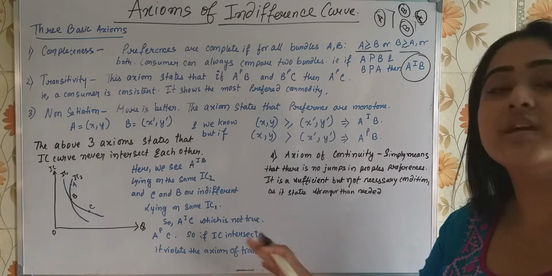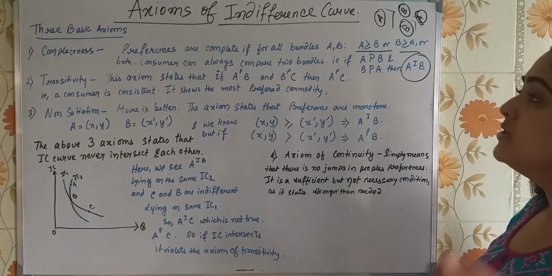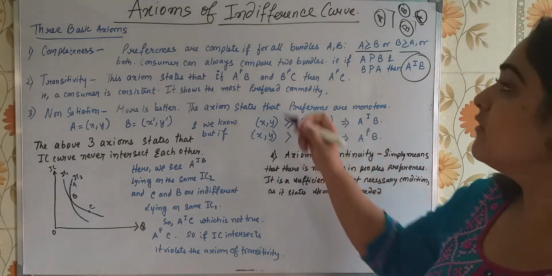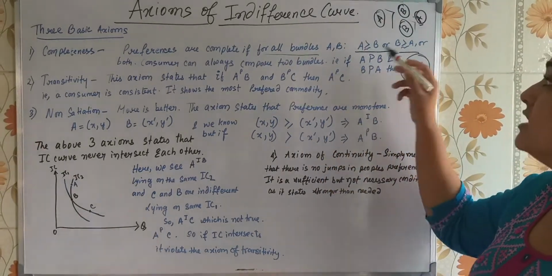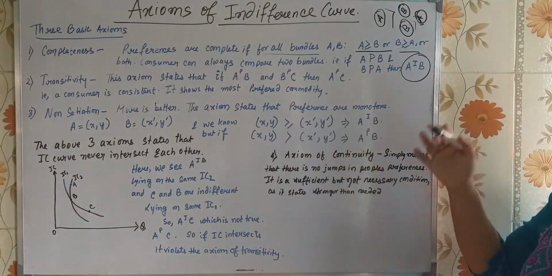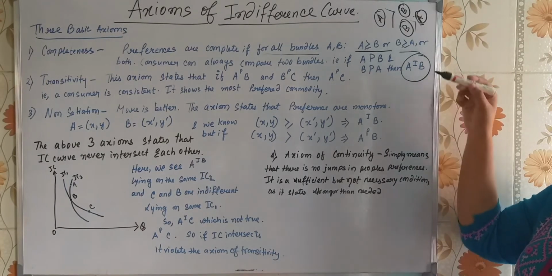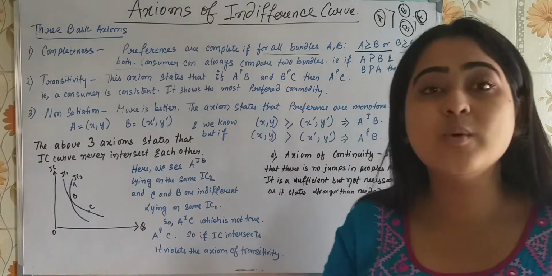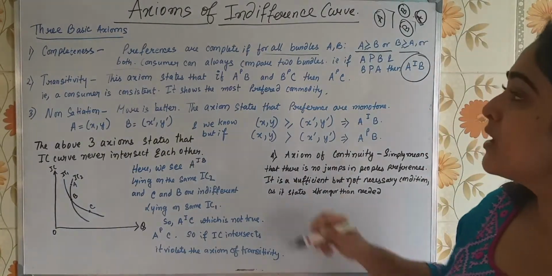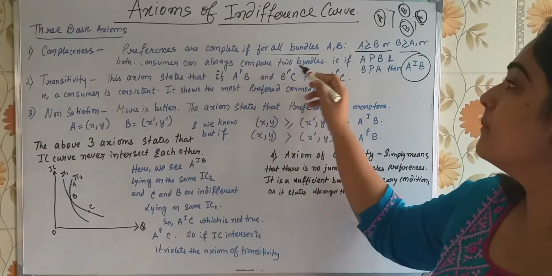मतलब कि कोई भी चलेगा, ठीक है? So preferences are complete if for all bundles A and B, either A is preferred to B, or B is preferred to A, or both, which means you are indifferent between A and B. The consumer can always compare two bundles.